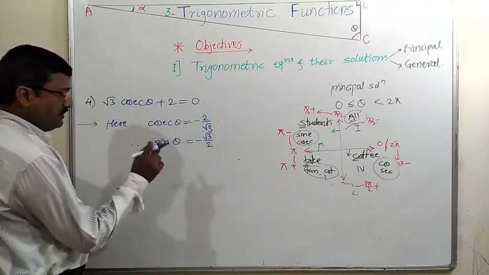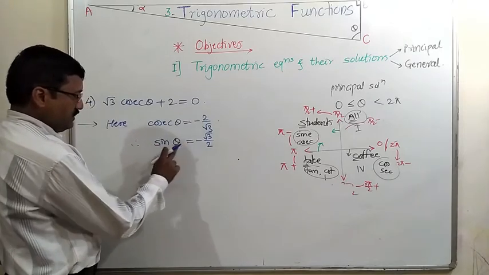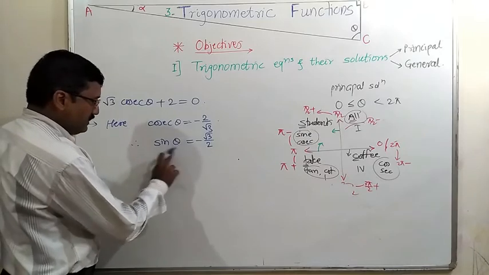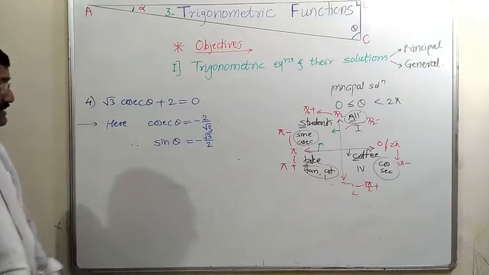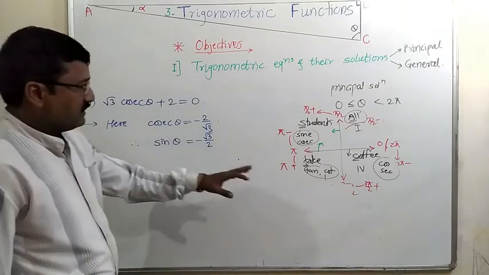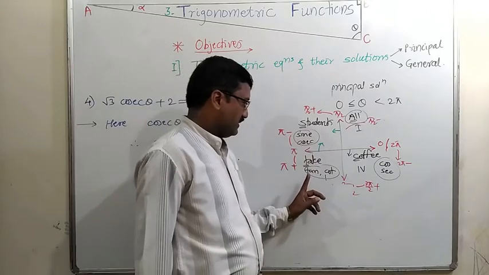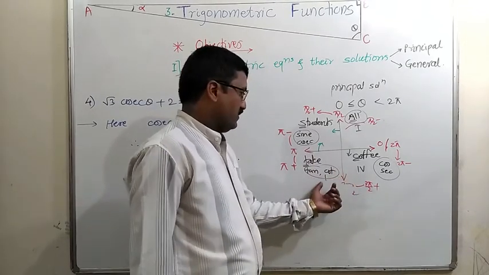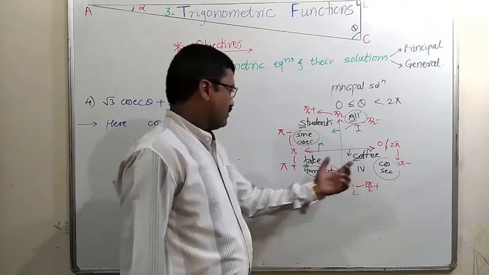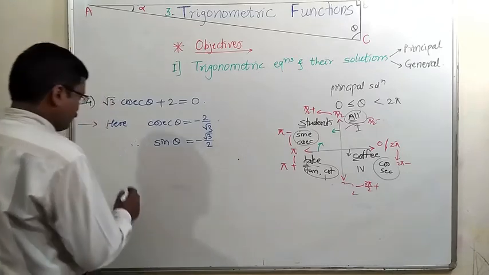So first we will find for which angles sine theta is negative. Of the 4 quadrants, sine theta is positive in the first and second quadrants, and negative in the third quadrant and in the fourth quadrant. So we can use these 2 quadrants to write sine theta with negative values.